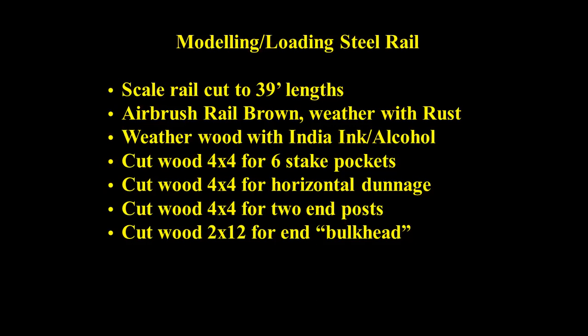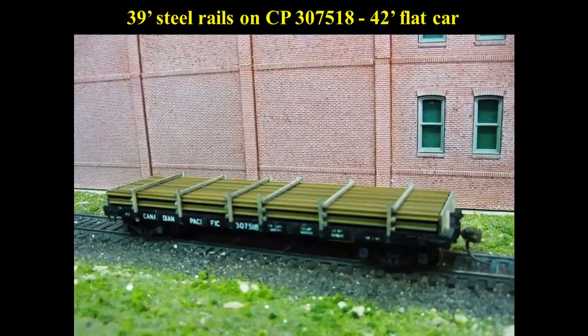If you're going to make a temporary bulkhead, you could weather that with some India ink and alcohol, and then you'll need some different sizes of lumber: 4x4s for the stake pockets, some 4x4 for horizontal dunnage, and some 4x4 for end posts, 2x12 to create the bulkhead. So here's a 42-foot flat car with the temporary bulkhead and a couple of rows of rail.